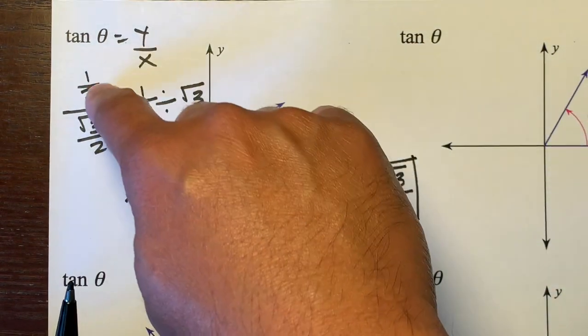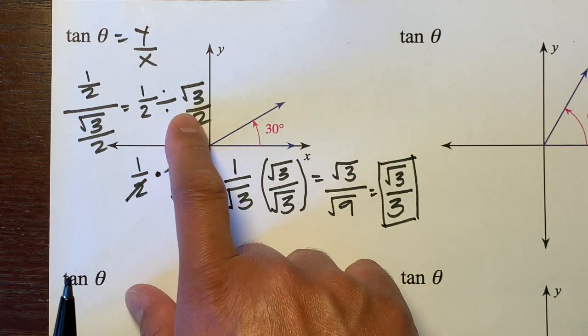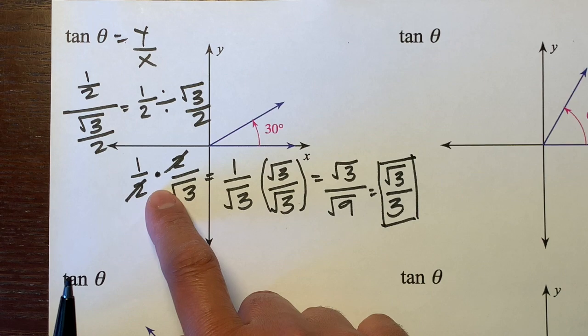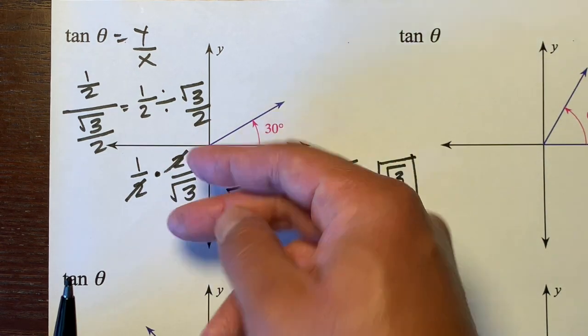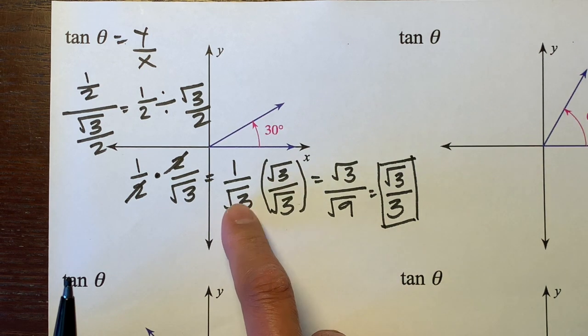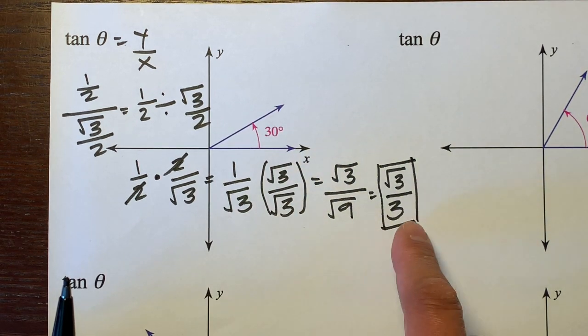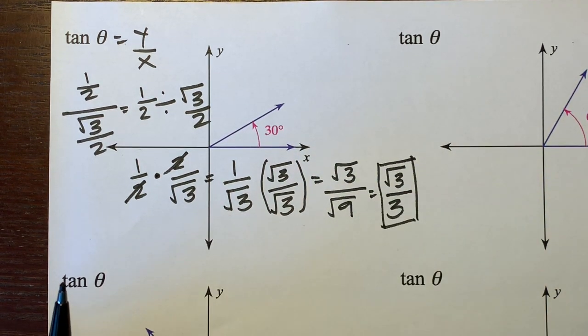So tangent, so we wrote y over x, okay, and we made that horizontal like that. We made it to a multiplication problem and used a reciprocal, multiplied, and we got this number right here. We didn't want a radical in the denominator, so we multiplied it by this 1 right here to get rid of the radical, to get our final answer as radical 3 over 3.